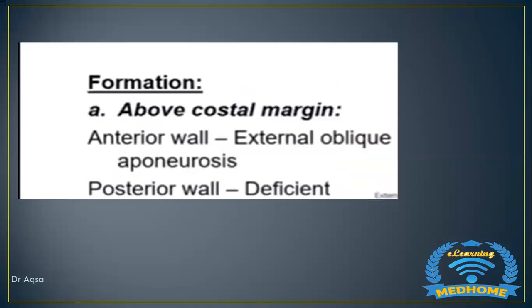So if we divide, the costal margin and the arcuate line are the boundary for us: above, in between, and below. Above the costal margin, we will find the aponeurosis of the external oblique muscle, and posteriorly, the rectus sheath is deficient.